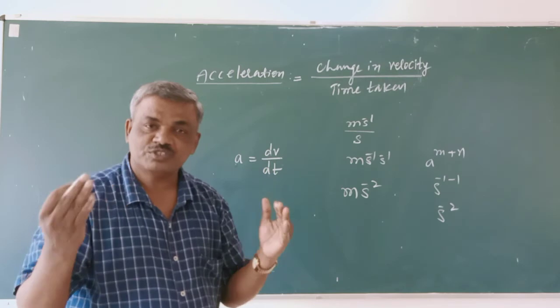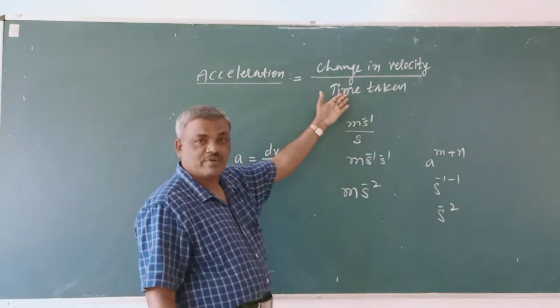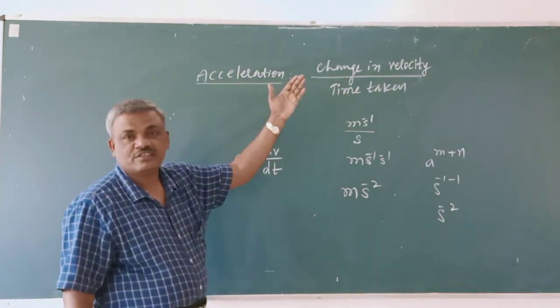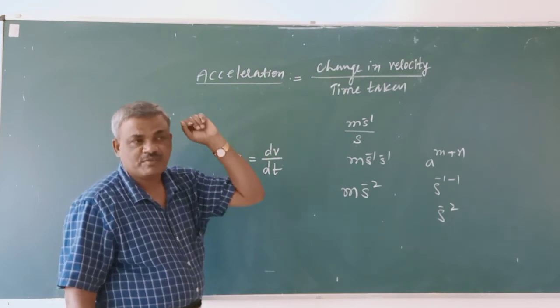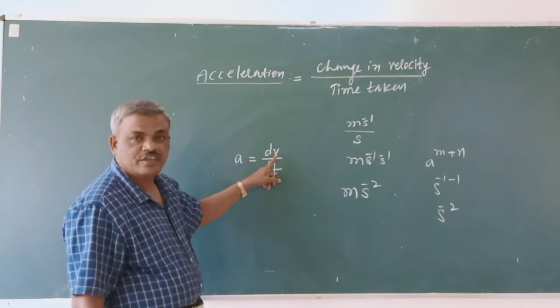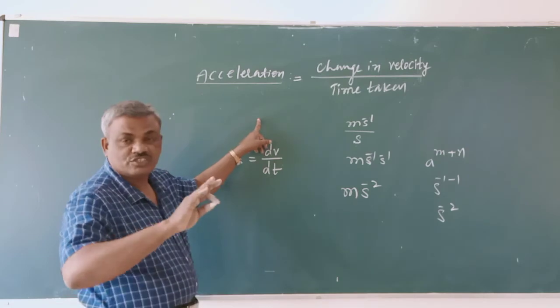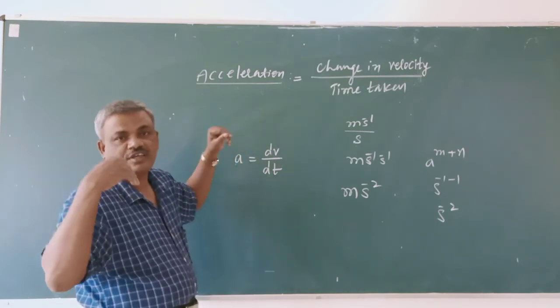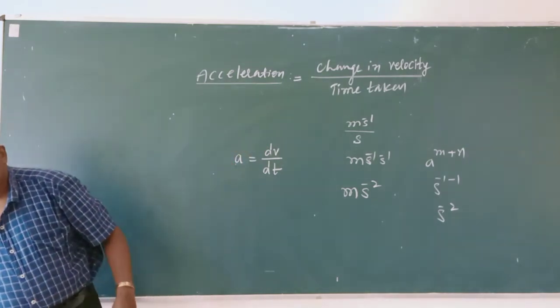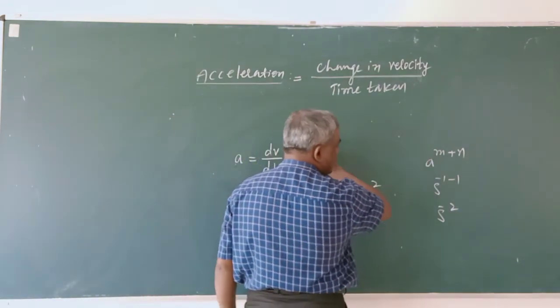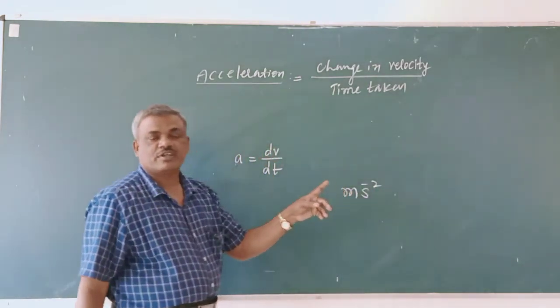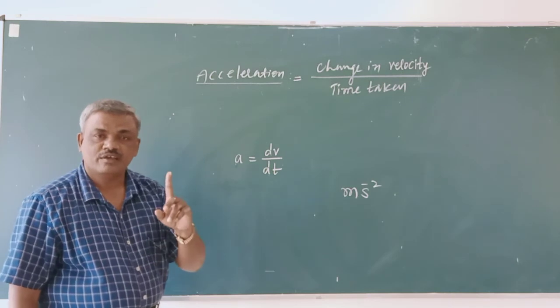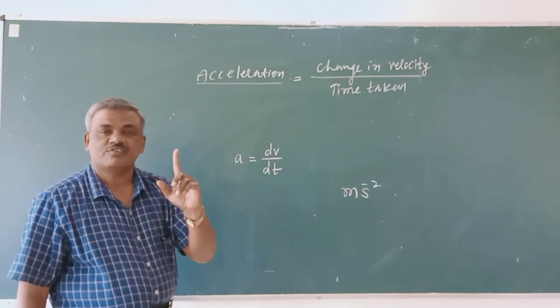The velocity will be changed. Change in velocity by time taken is called acceleration. The mathematical formula is a equals dv by dt. Acceleration is a vector quantity. The unit of acceleration is meter per square second.